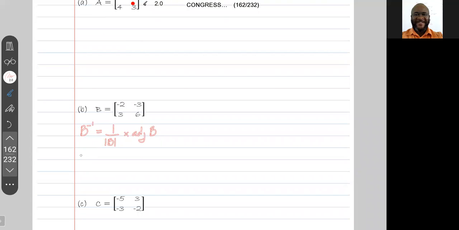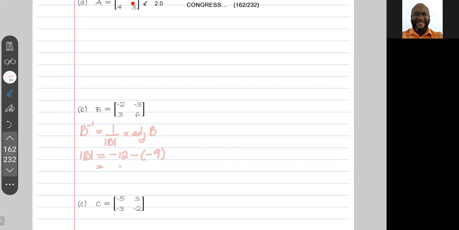Now let's go for the determinant of B. Remember, we multiply the two leading diagonal elements. So minus 2 times 6 is minus 12, minus the product of the lagging diagonal elements. So it's minus 3 times 3, which is minus 9.